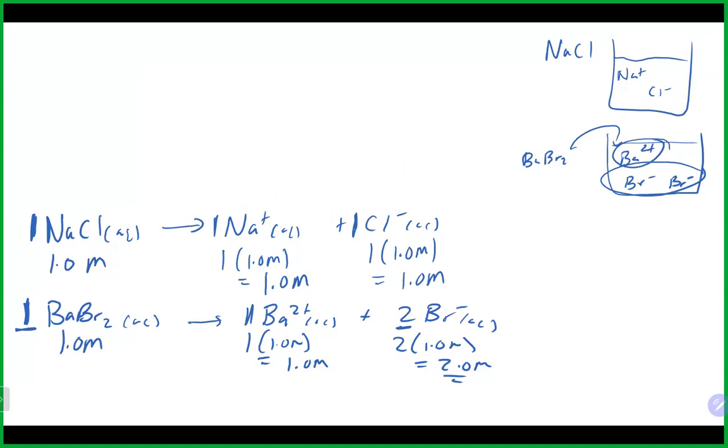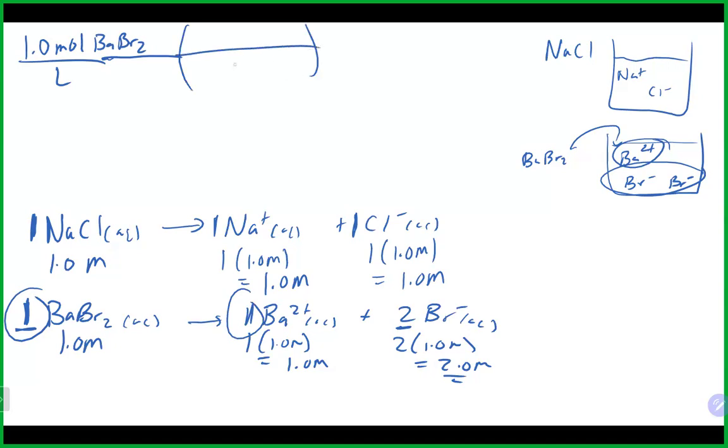Let me show you the long calculation of it and why we multiply by 1 or multiply by 2. For example, we just looked at the barium bromide. We could start with our 1 molar barium bromide, moles per liter of barium bromide. We could then do our mole to mole relationship, which is a 1 mole to 1 mole relationship.